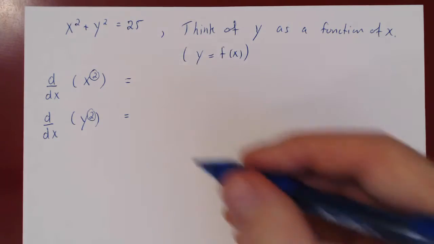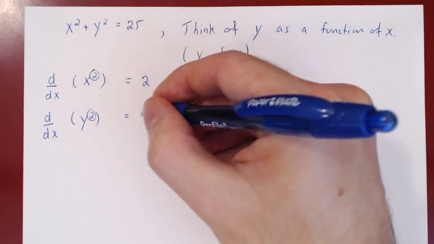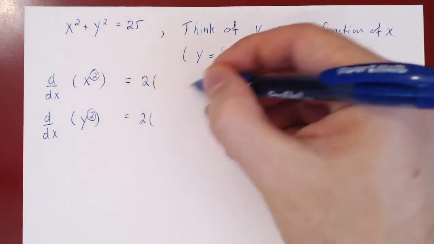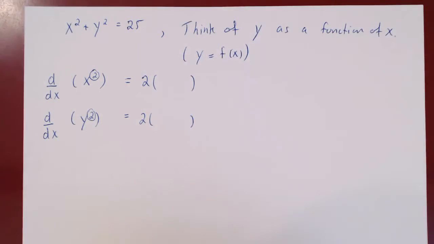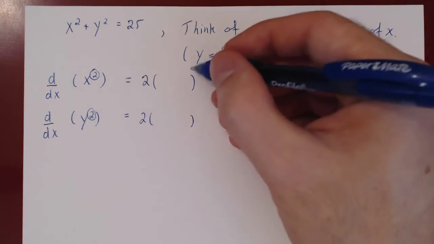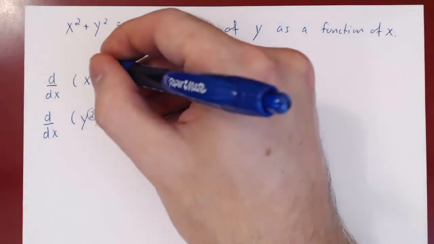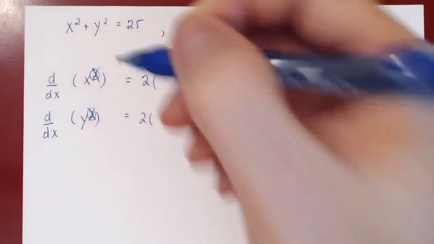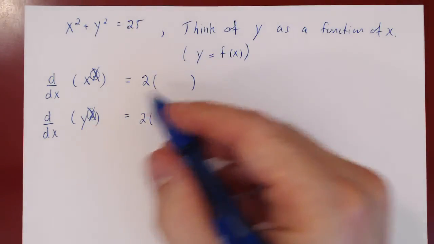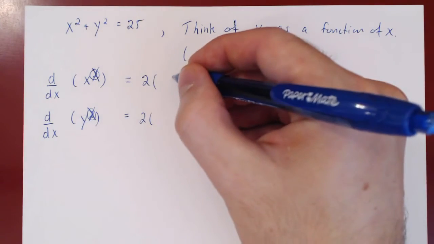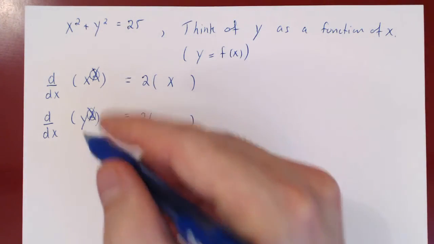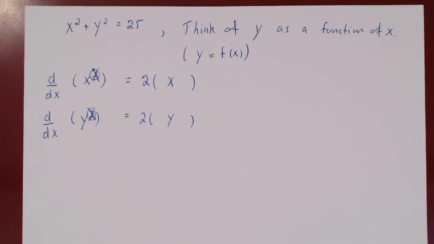So we use the chain rule, power rule, bring 2 down. Subtract 1 from the exponent. 2 minus 1 is 1. This takes care of the outside function. 2 times what's left over, x. 2 times what's left over, y.